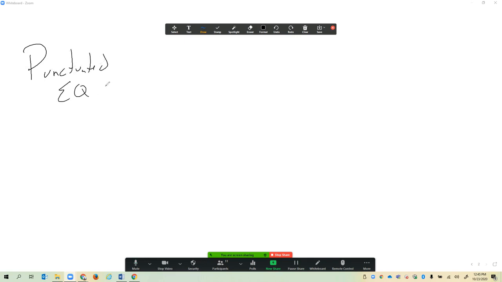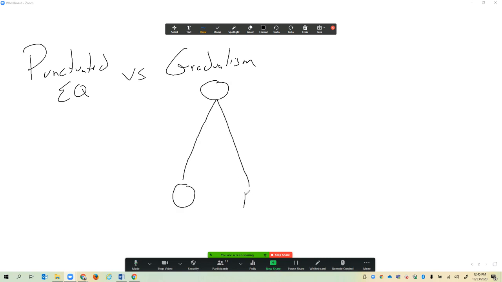Punctuated equilibrium versus gradualism. And these talk about evolution. The big theory is gradualism, in that over time, there are small incremental changes that lead to different species and the creation of a species.